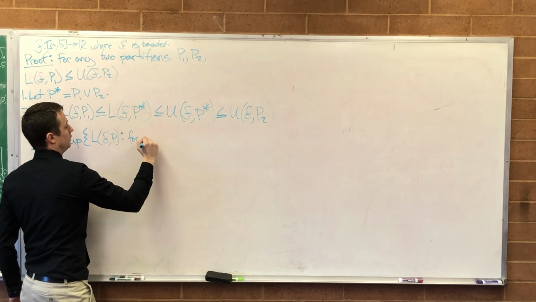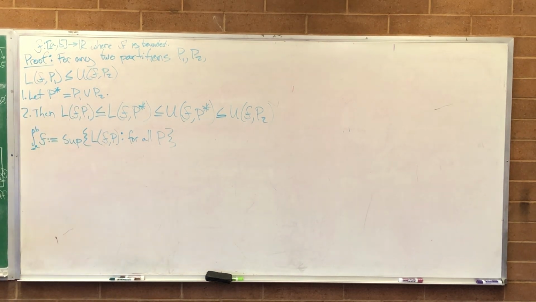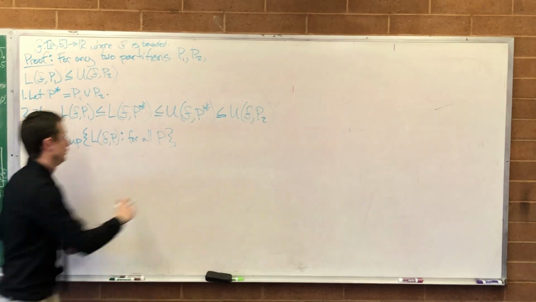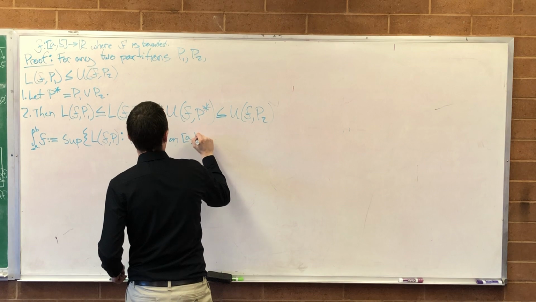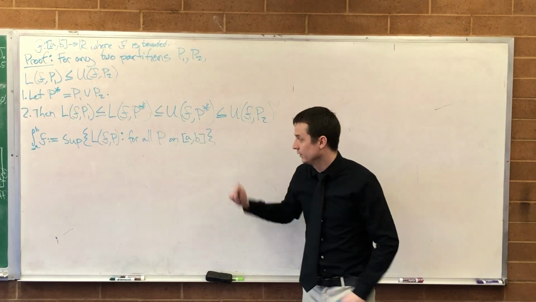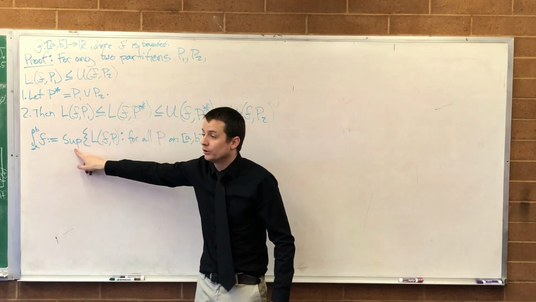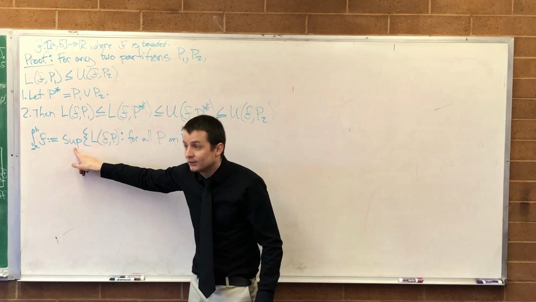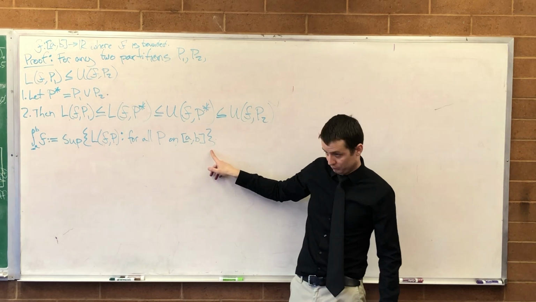for all partitions P on the closed interval [a, b], where f is a function from [a, b] to R that's bounded. So the lower integral is defined to be the supremum, the least upper bound, of all lower Darboux sums.